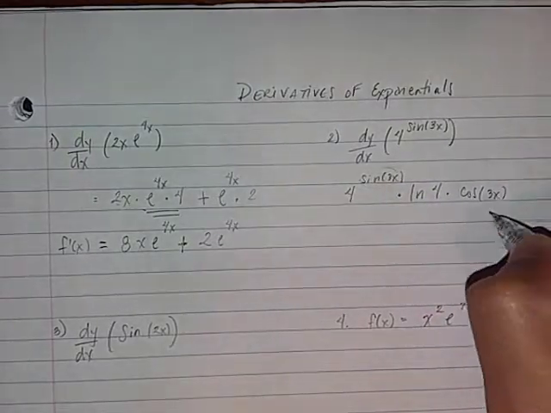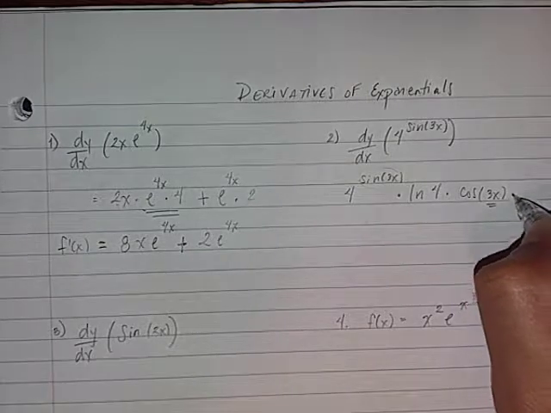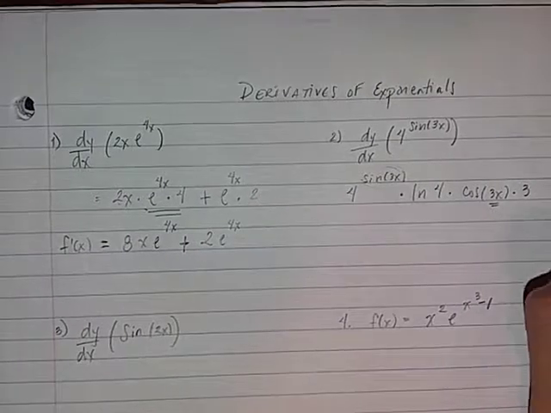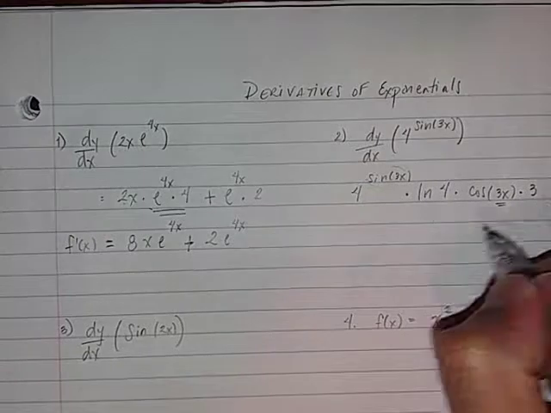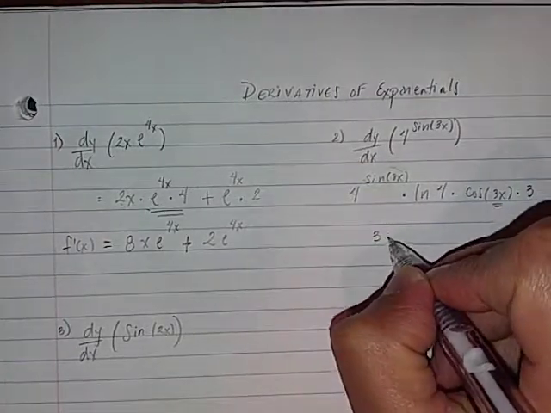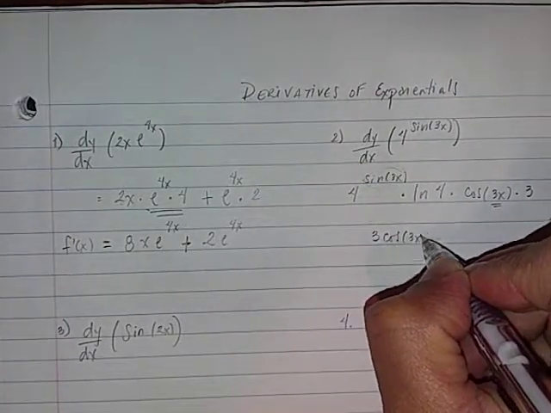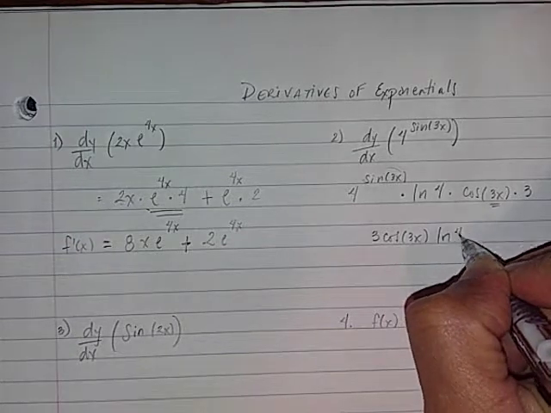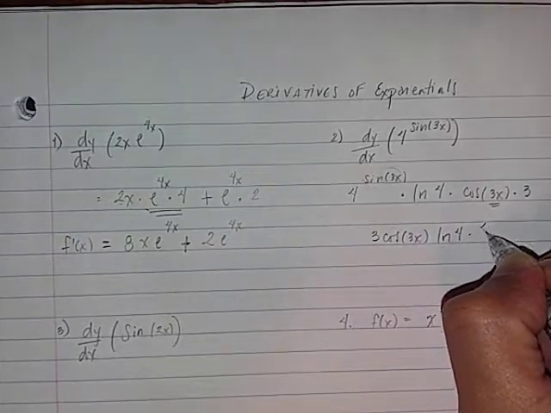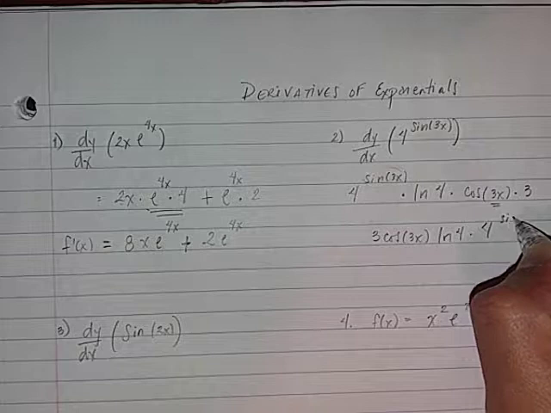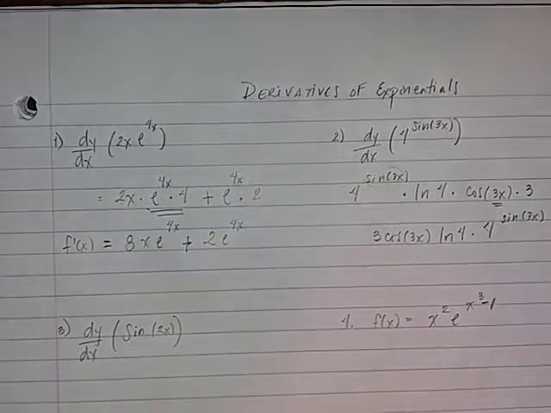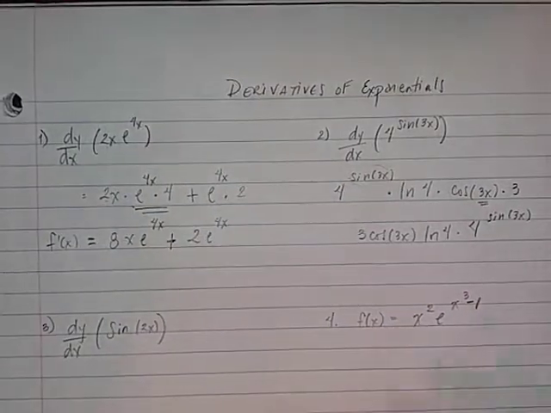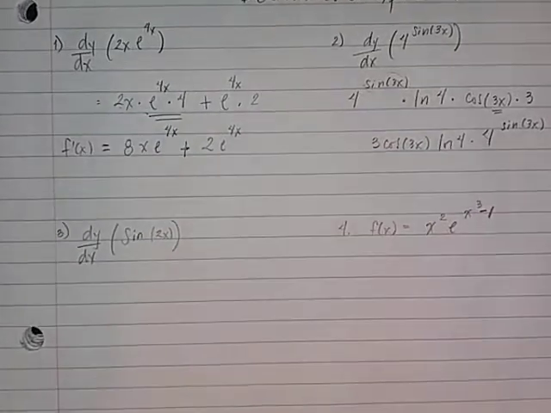But inside of that, we have something else. We have a 3x, so times 3. Okay, so what I would do is probably write this. My final answer would be 3 cosine of 3x ln of 4 times 4 to the power of sine 3x. Okay, so something like that.